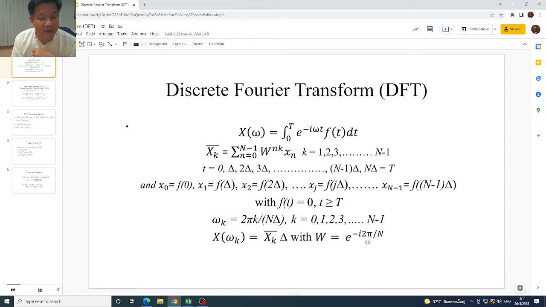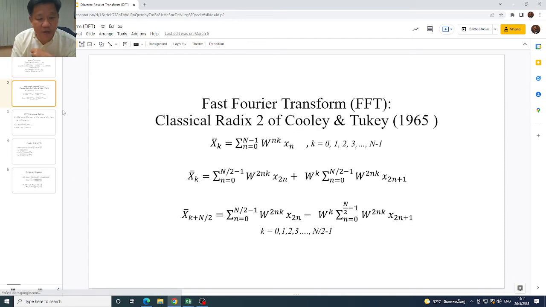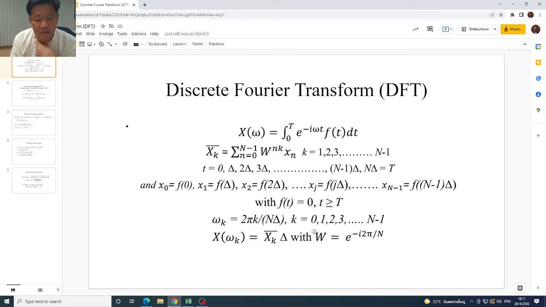Be with me? Okay, you need this w. When you replace k by k plus N divided by 2, the first term is you get this, but the second term you need to multiply by w with exponent of small n times capital N, and w with exponent of small n times capital N gives you e to the minus i 2 times pi times small n.